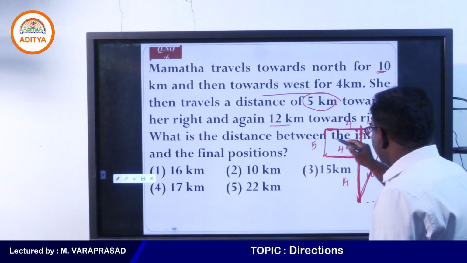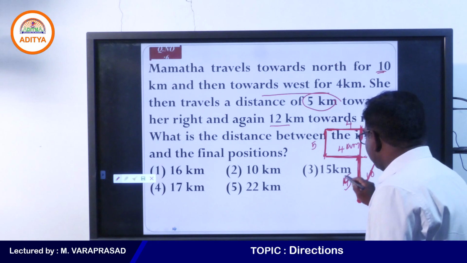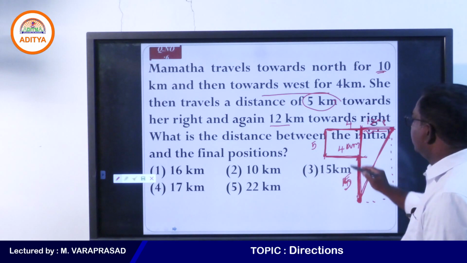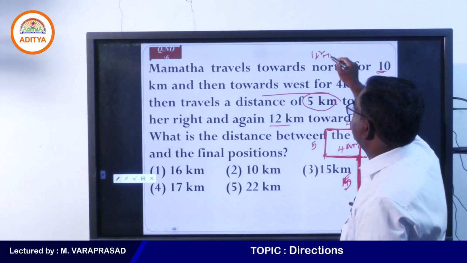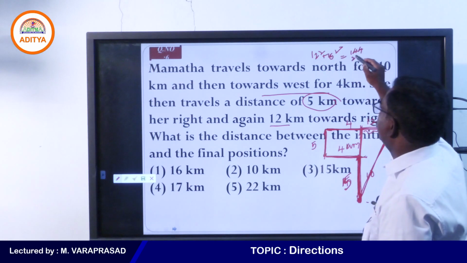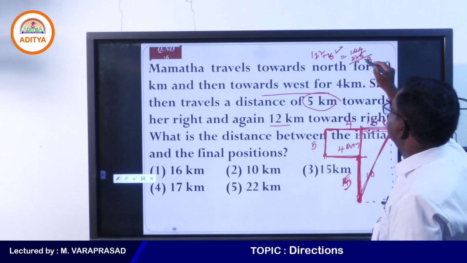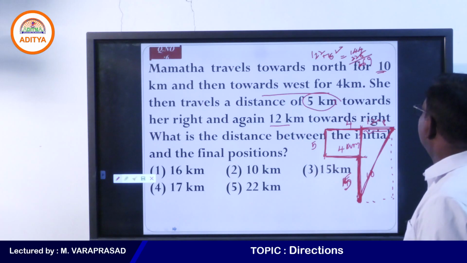This one is 5, this one is 5 and this one is 10, so the total is 15. So here this one is 12 and this one is 15. 12 square plus 15 square, 144 plus 225. So what will you get? 369 you are getting.